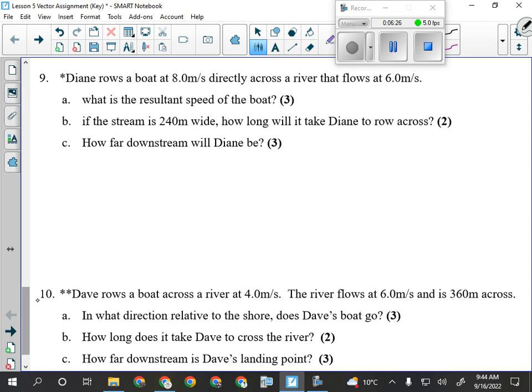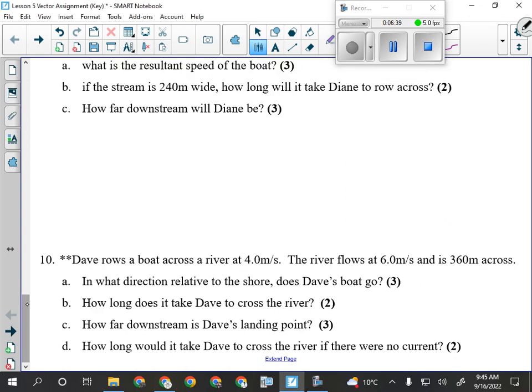Make sure you identify whether it is a rowing across or going across question. They may be both going across, they may be both rowing across, they could be different. That's up to you to decide. But they're just like the boat questions we looked at the other day.